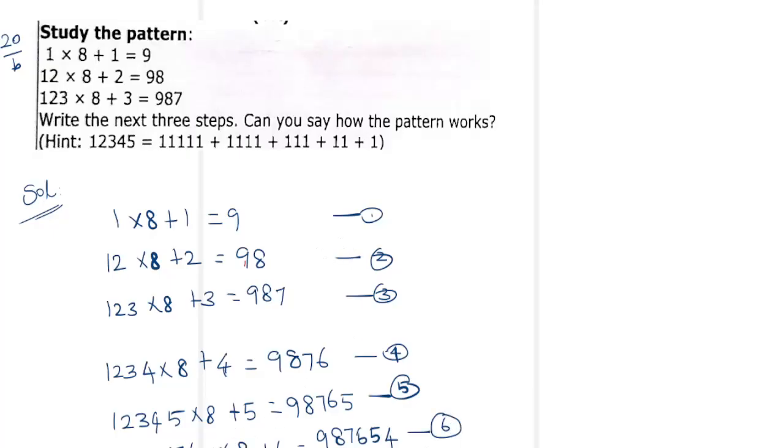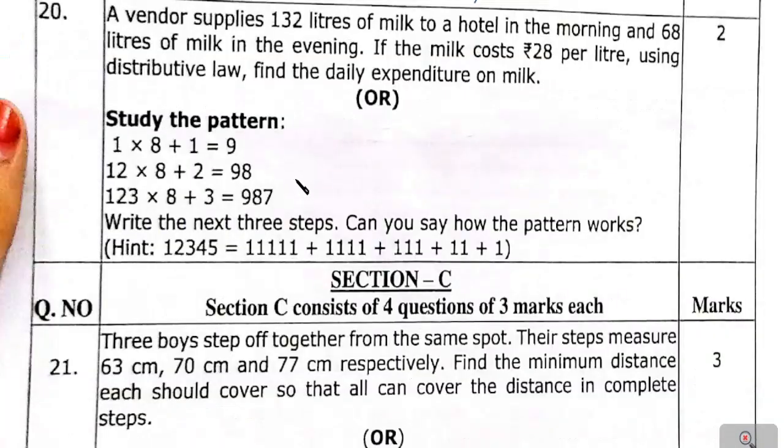So the final 3 steps are 9 8 7 6, 9 8 7 6 5, and 9 8 7 6 5 4. Now section B is completed.